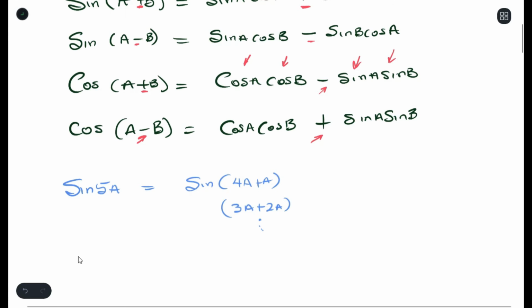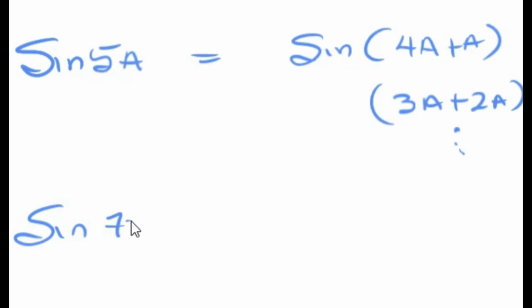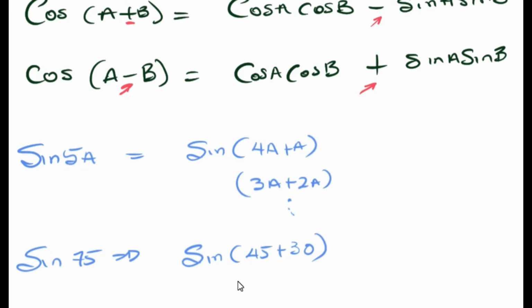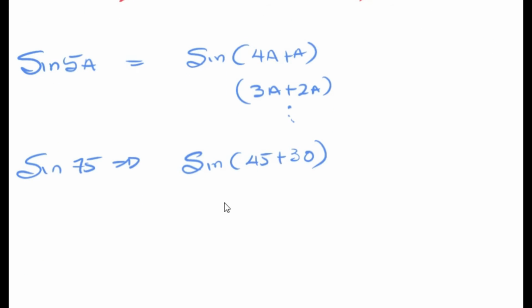Take for instance, if I have something like sine 75 and I want to put this in terms of compound identities, it can be written as sine (45 plus 30). Then this could be broken down into sine 45 cos 30 plus sine 30 cos 45.